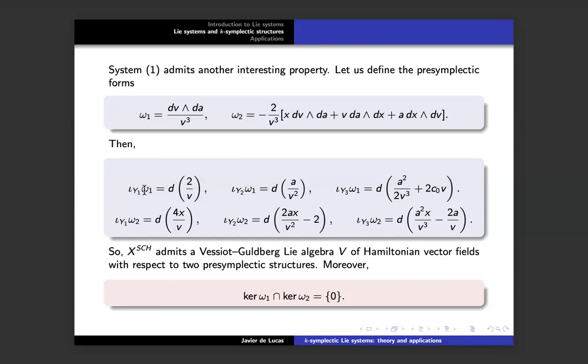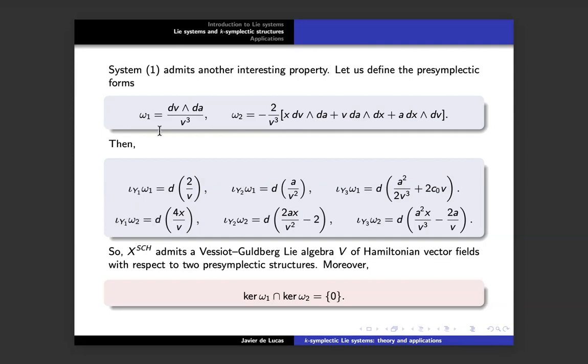The contraction of omega-1 with the first vector field is the differential of a function. The contraction of omega-1 with the second vector field is the differential of another function. The contraction of omega-1 with the third vector field is the differential of another function. And you can do exactly the same with the second form, omega-2.